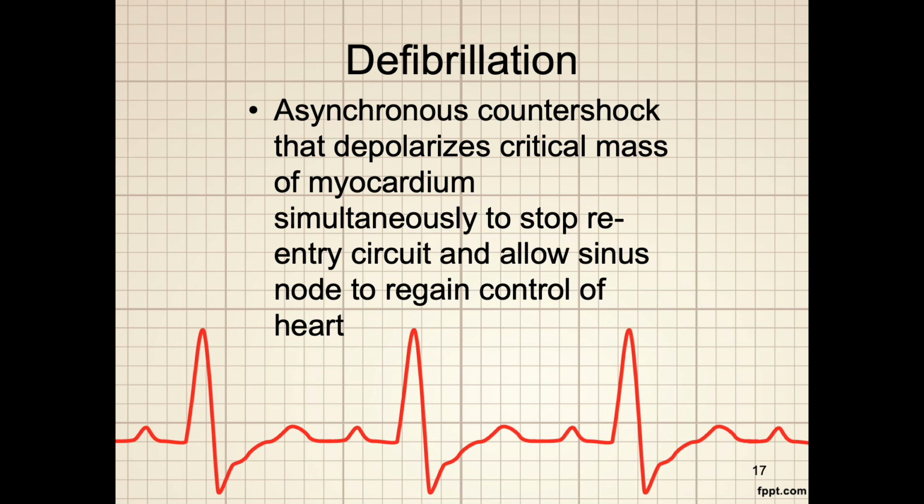However, in cases where there is absolute chaos in the ventricles, that is, the ventricles are in fibrillation, we should apply an asynchronous countershock that depolarizes the critical mass of the myocardium simultaneously in an attempt to stop a re-entry circuit and allow the sinus node to regain control of the heart.